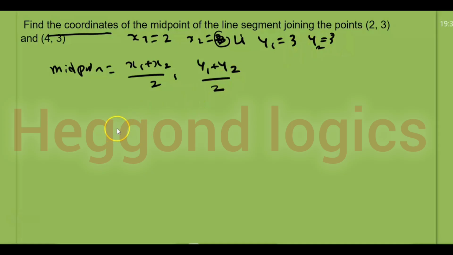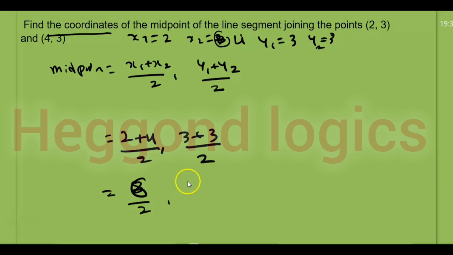Then the midpoint: x1 is 2 and x2 is 4, 2 plus 4 divided by 2, and y1 is 3 plus 3 divided by 2. 2 plus 4 is 6, and 6 by 2 is 3; 3 plus 3 is 6, and 6 by 2 is 3. Then the midpoint coordinates are (3, 3).